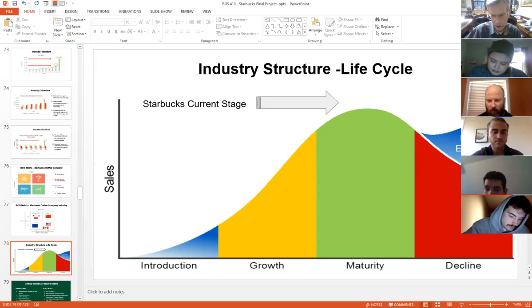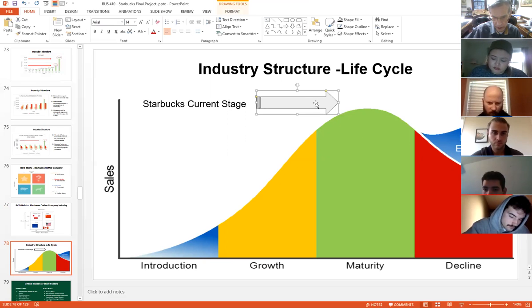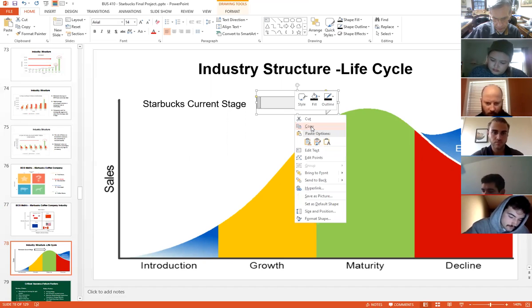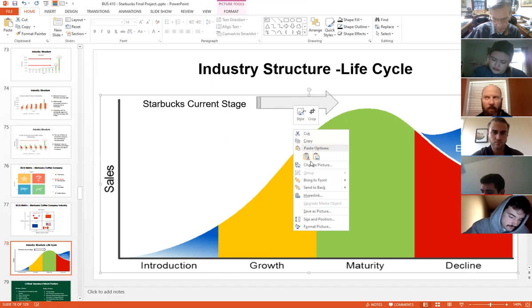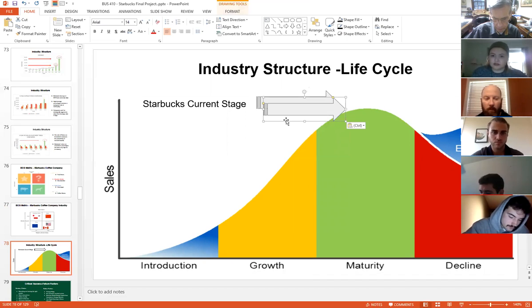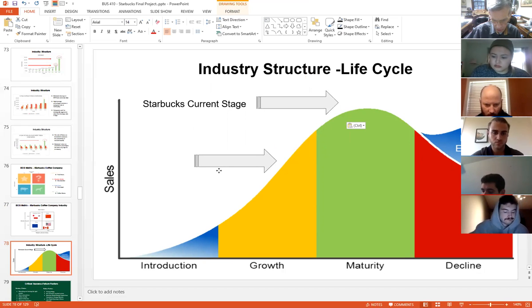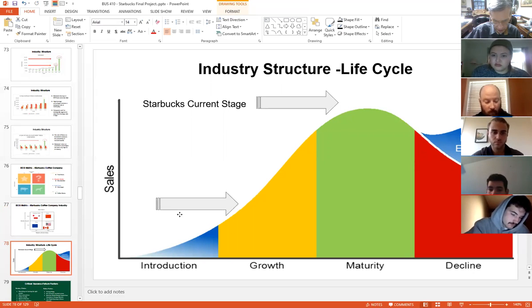You might consider leaving that arrow, but putting a USA in it and then making a copy of it, and putting one down here with the word China in it, because that's still in the growth stage. And then a real good question is, what's down here?